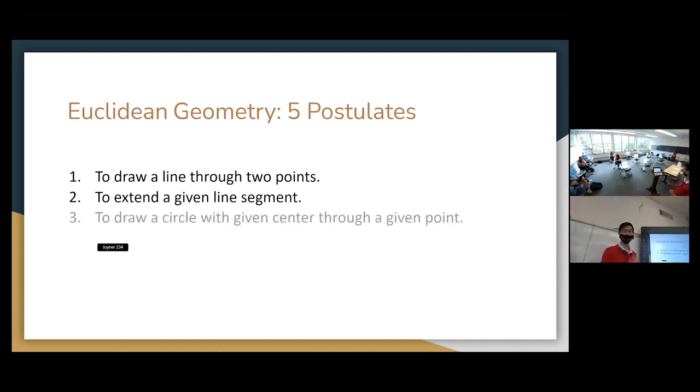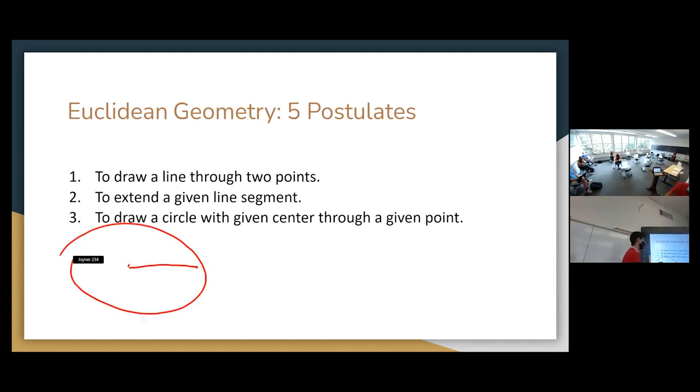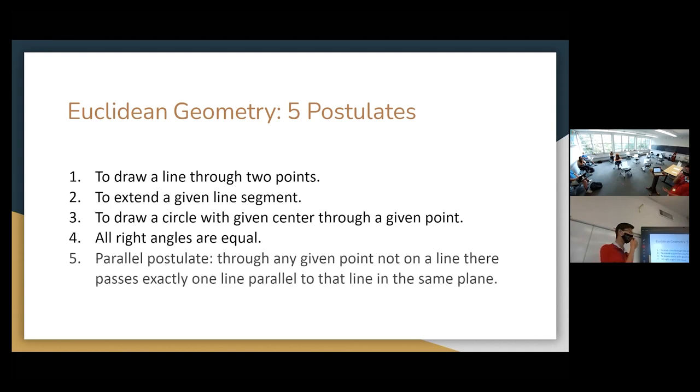The third postulate says if you draw a circle through a line segment, you can use one of the points as a center, and you can use the line segment as the radius. The fourth postulate just says that all right angles are equal, and the fifth postulate, which is a key difference between non-Euclidean and Euclidean geometry, says that when you have a point and a line with the point not on the line, there's always one parallel line.